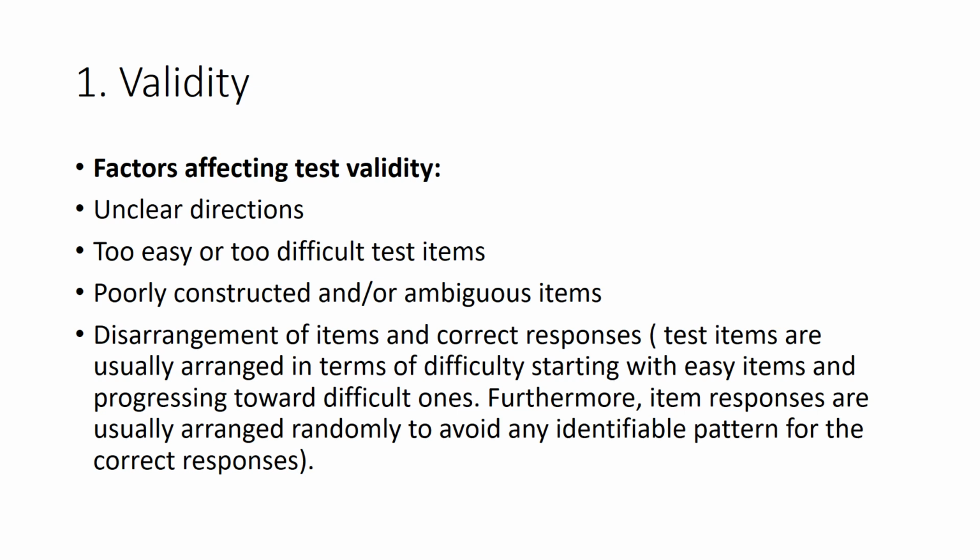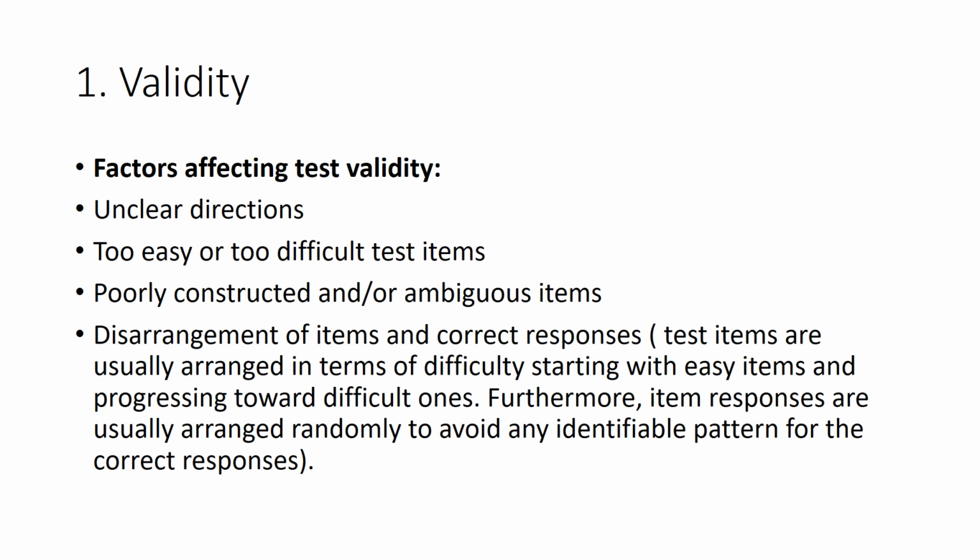We know that usually the test items should be arranged progressively. What does it mean? It means that you arrange the questions in your test from the easy to the difficult. Also, when you have, for instance, a multiple choice test or true-false test, you have to arrange the answers randomly.